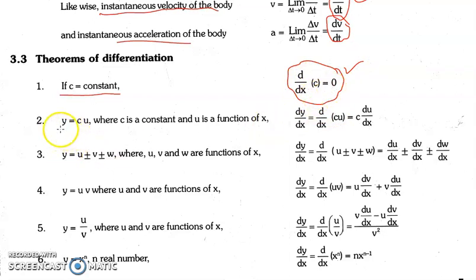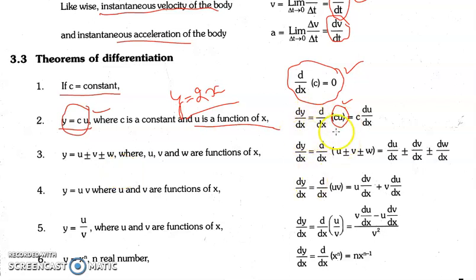Okay. Then we have a variable of this sort, that is y is equal to cu, where c is a constant and u is a function of x. For example, y is equal to 2x, where 2 is a constant and x is the variable. So dy by dx is equal to d by dx of c into u. I hope you are getting my point. This is the function and we are trying to differentiate it with respect to x.